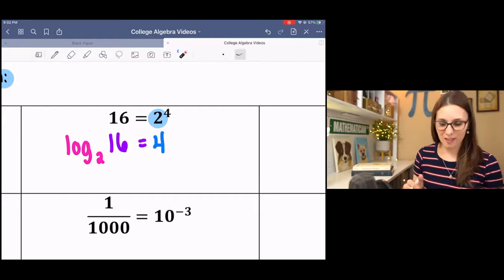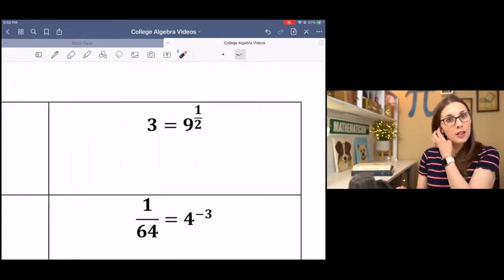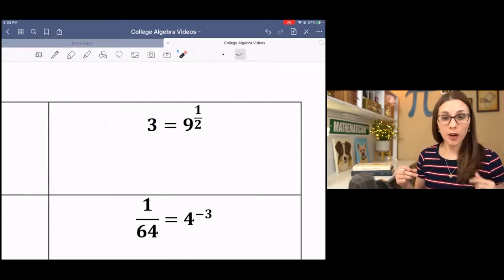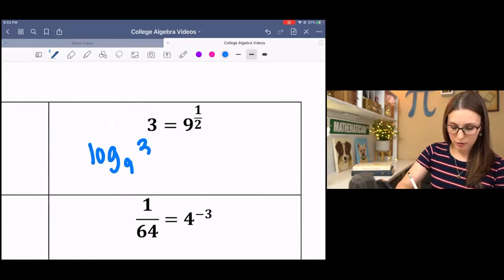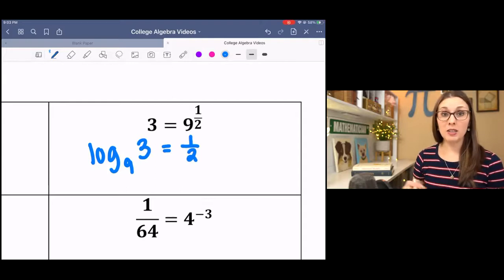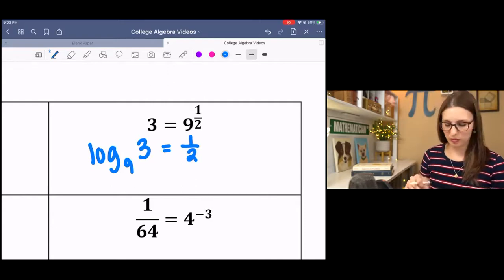Not scary at all. Y'all go ahead and pause it and try this one. Write it in logarithmic form and then see if you get it right. We should have log base 9 of 3 is 1/2, which means 9 to the 1/2 is 3. And remember, the 1/2 power is actually a square root, a kind of hidden square root.